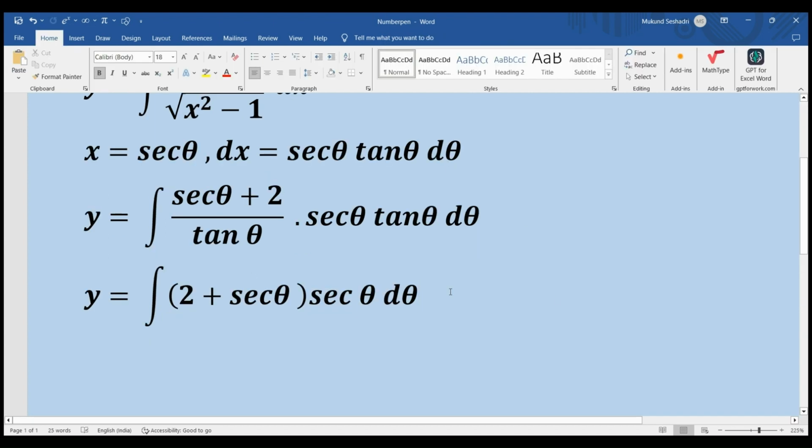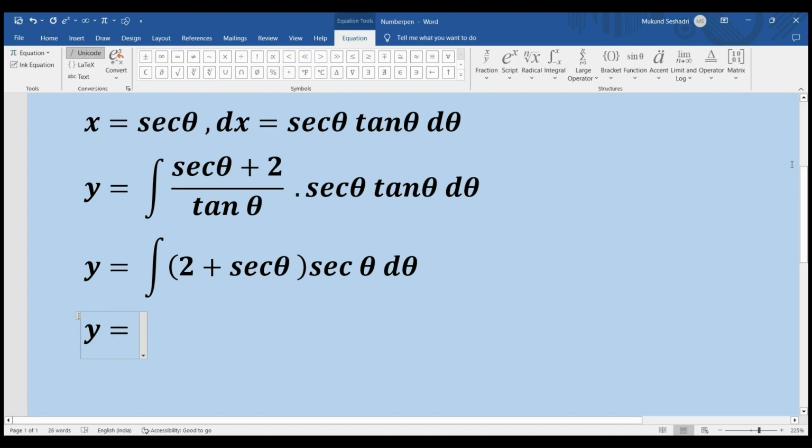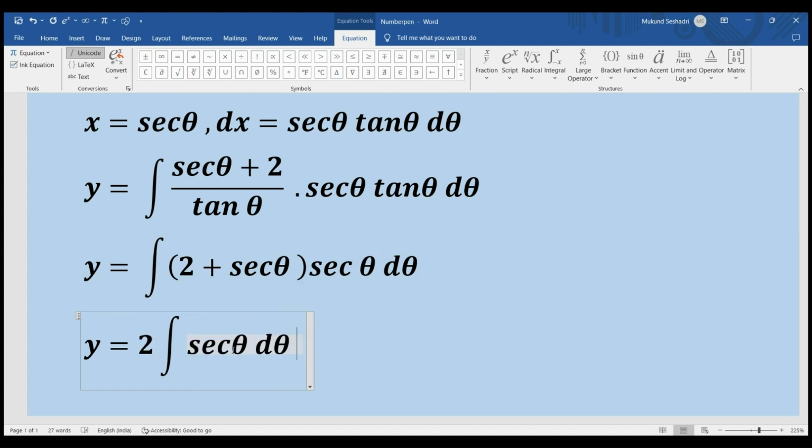So what happens now is I can apply the sum rule of integral and I can rewrite this as integral of 2 secant theta d theta, 2 being a constant, I can move it out of the integral. And then I come to the second part, which is nothing but an integral of secant squared theta d theta.